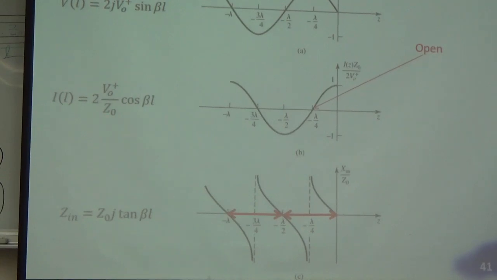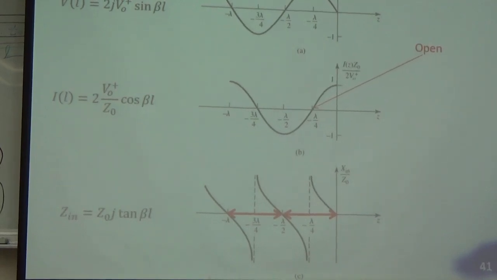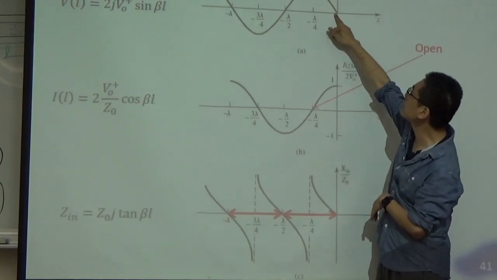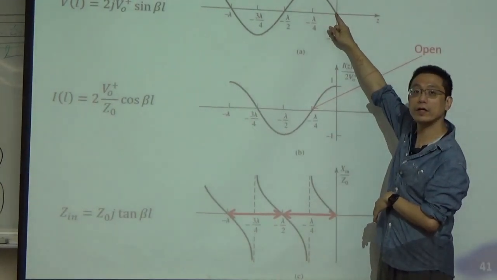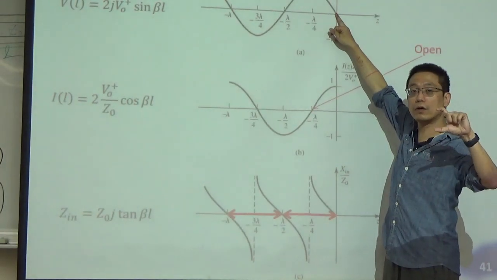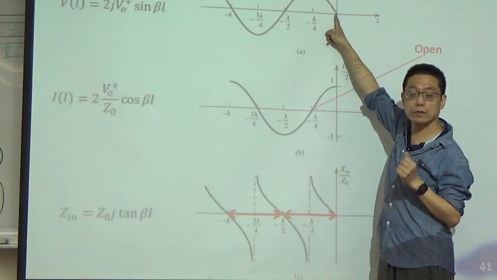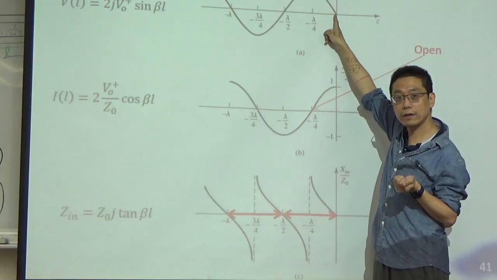For the short at the end, which means the potential drop at the end is 0, right? You can see that it is short at this end. Your voltage is 0, the total voltage is 0 at z equals 0, right?